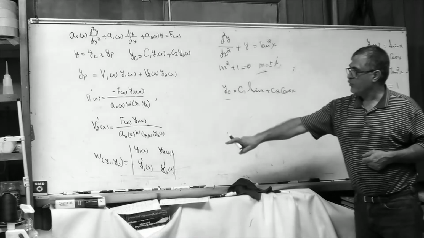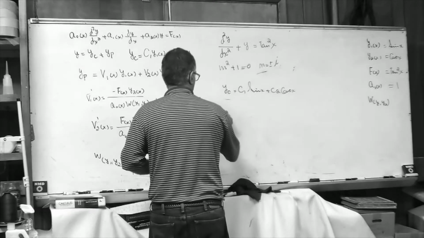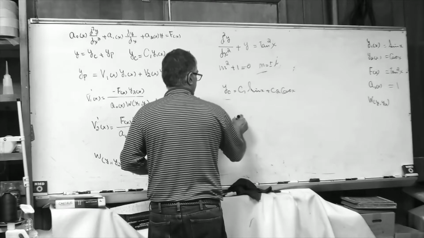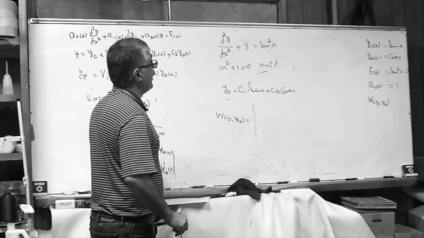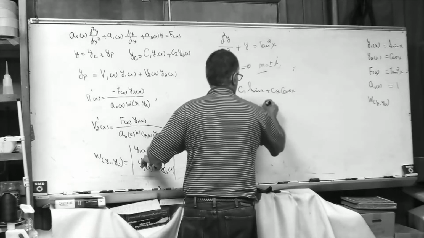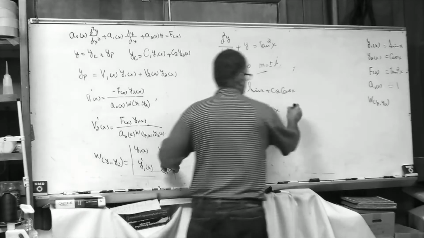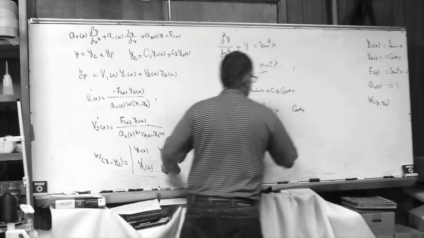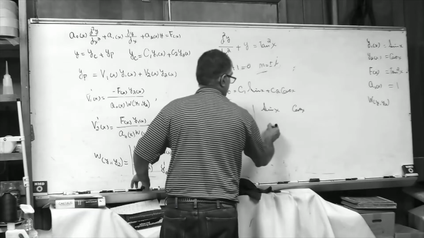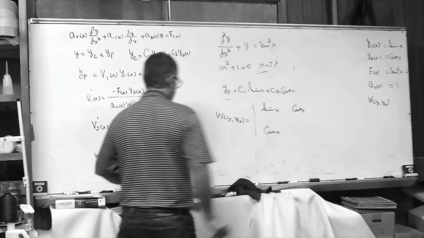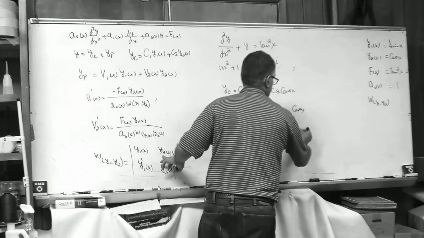So our W(y1, y2) is equal to the determinant of y1(x), which is sine x, y2(x), which is cosine of x, y1 prime(x), which is cosine of x, and y2 prime(x), which is minus sine of x.